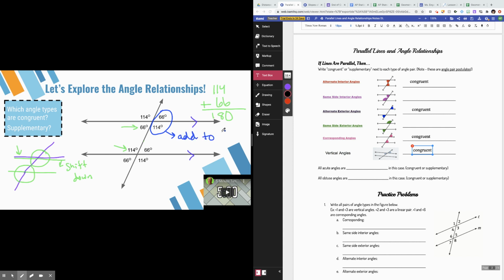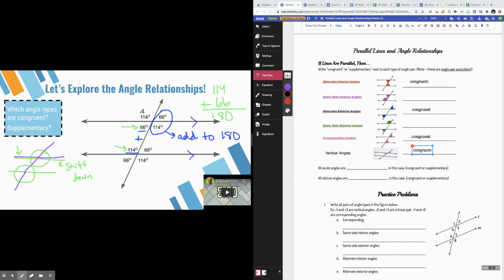because they're supplementary. So if we're taking this group of four at the top and copying it down here to make this second group of four, then the same side interior angles, for example, will have one acute angle and one obtuse angle. Since they're all the same, if you add them, you're going to get 180.